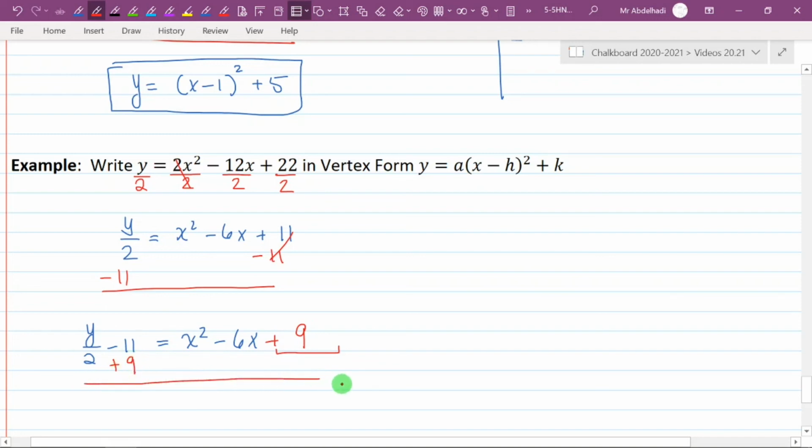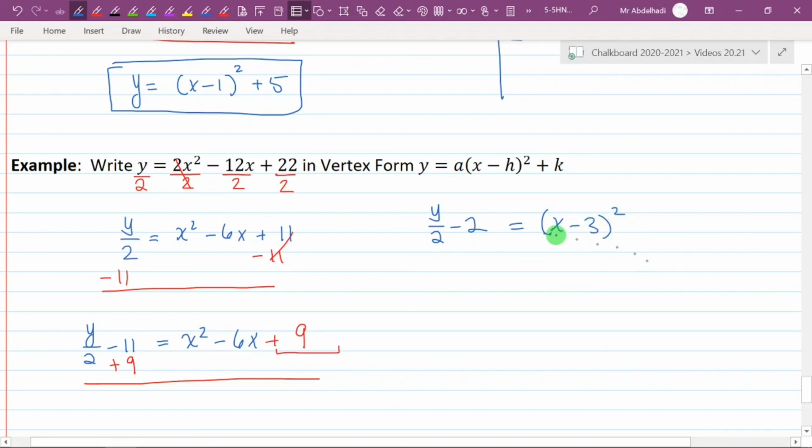Keep the equation balanced. So now where am I? I've got y over 2 minus 2, because that's what I got from here. And now this is a perfect square trinomial of x and 3, right? So x, and it's a minus in between, x minus 3, the quantity squared.